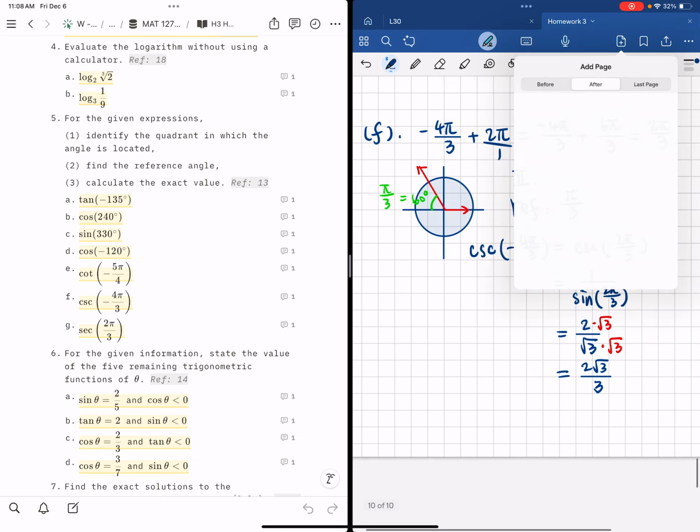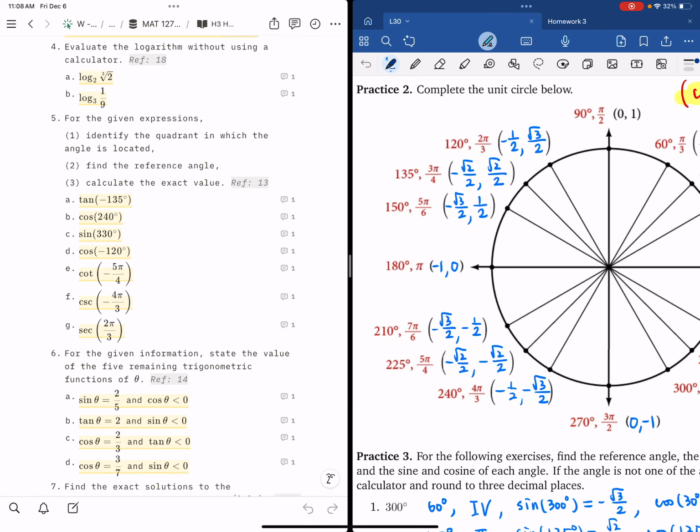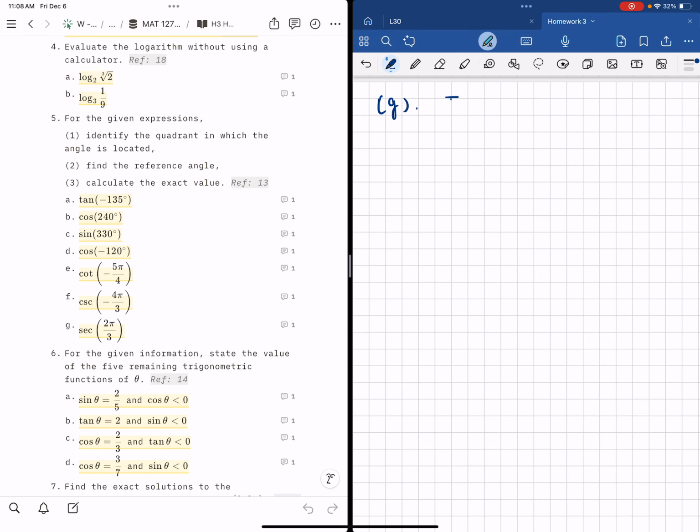All right, next is part G. Part G is secant of 2 pi over 3. Okay, 2 pi over 3, we can handle that. It's on the unit circle, right? We just dealt with 2 pi over 3, so it's still second quadrant. And you can still do the visual if you want, or you could use the previous graph that we had for the 2 pi over 3.